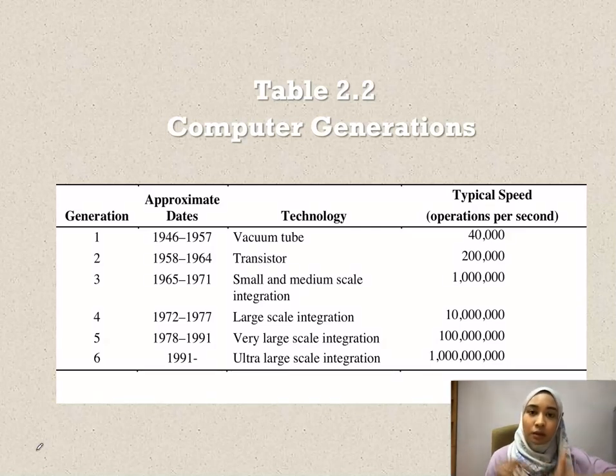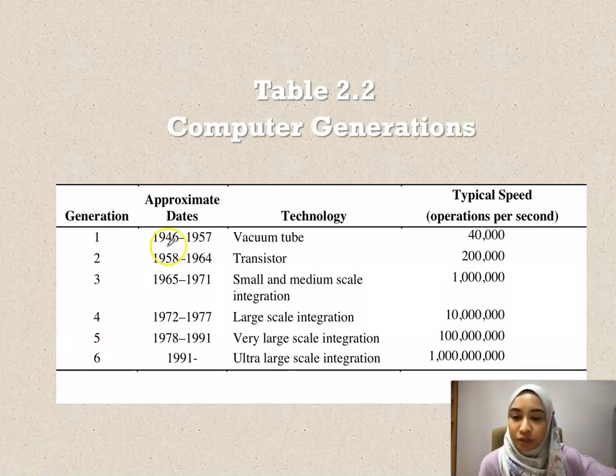So size, processing, and memory. If I ask you what is the difference between these generations of computers, you should give me these three answers: the size, the processing, and also the memory. So it's faster in processing, it has larger memory, it is smaller in size.